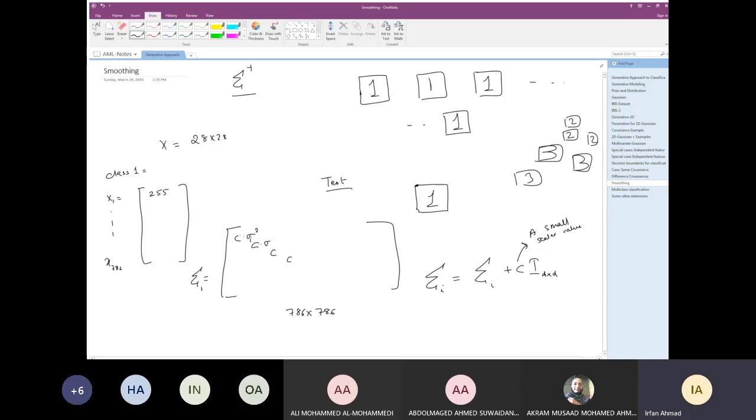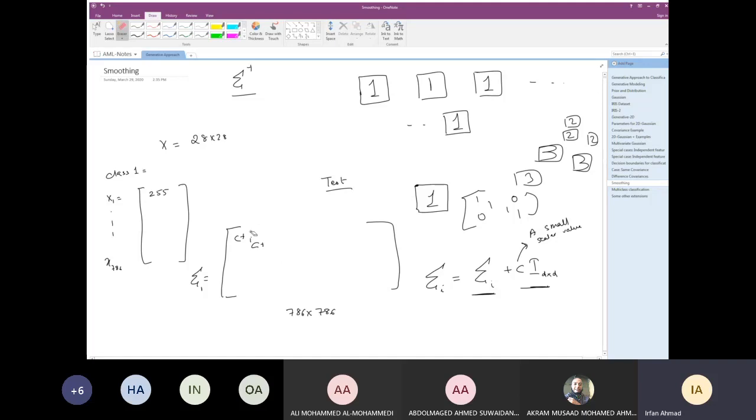I'm sorry, not times, C plus, because you are adding an identity matrix. The identity matrix has all ones on the diagonal and the others are 0. So to your original covariance matrix, you add C times the identity, and you get everything at least C on the diagonal.